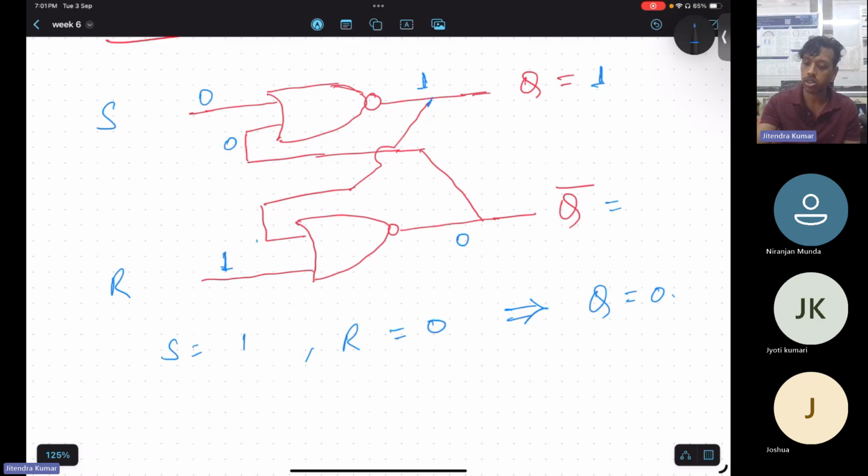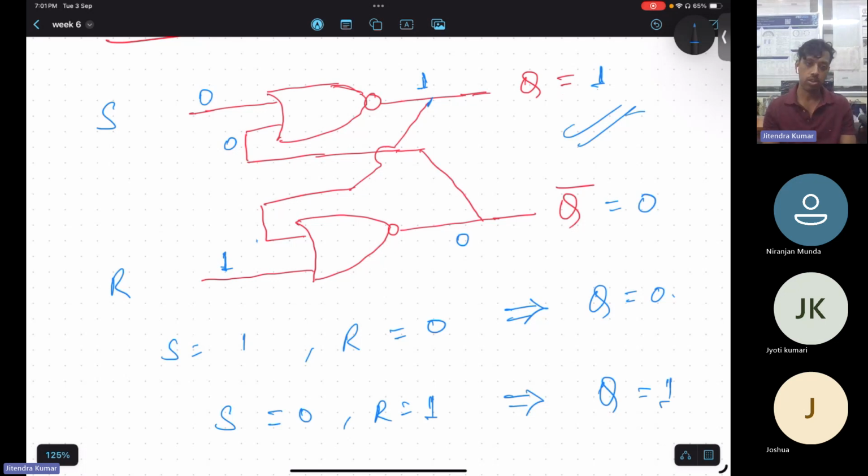So here now Q is 1 and Q bar is 0. So that will work, right? That is what was asked in the question. So you could keep S equal to 0 and R equal to 1 to get Q equal to 1. So that will be your answer to this question.